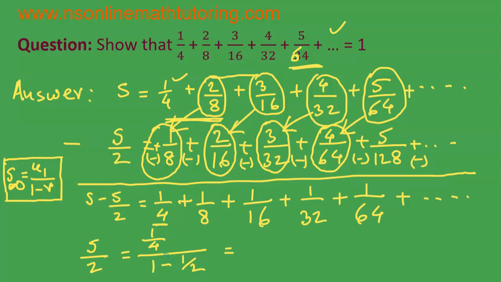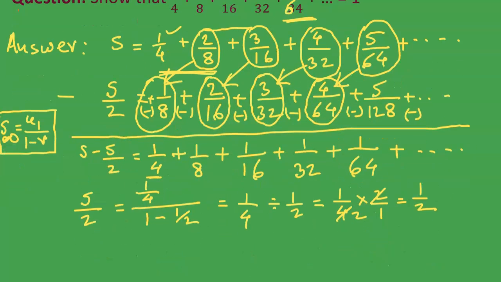So this is equal to 1 over 4, 1 minus half is half, divided by half, which is equal to 1 over 4 times 2 over 1, which is equal to half. Okay. So S over 2 is equal to half.